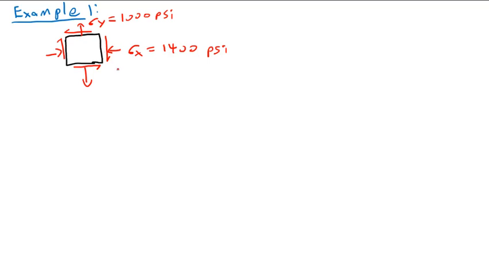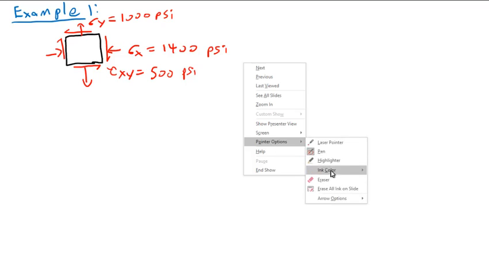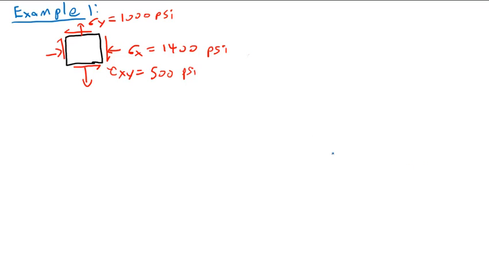Now, you may notice this is going to be negative. So tau xy, actually we say 500 psi. But that's as drawn. What these actually mean are the numbers that I'm going to actually use in the circle. Sigma x is of course going to be equal to negative 1400 psi because it's in compression.